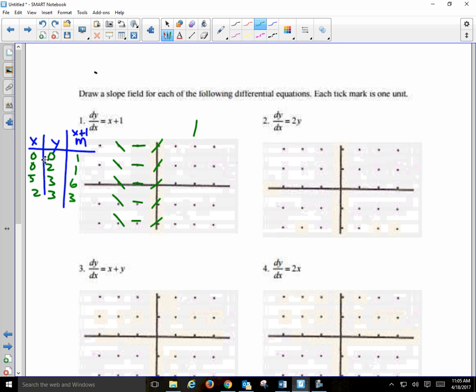Anyway, what's the slope going to be right here? Because the x value is 1, and 1 plus 1 is 2. I do my best to draw a slope of 2. How about as I move to the right? Then it's going to go to 3, so I'm just going to try to make it a little bit steeper, and then 4. Kind of getting carried away. So I back up, this would be -2.